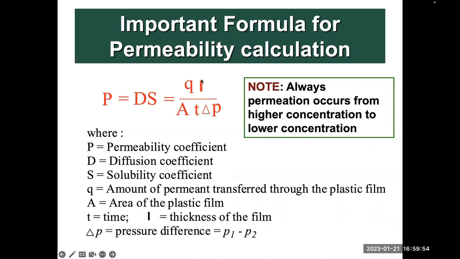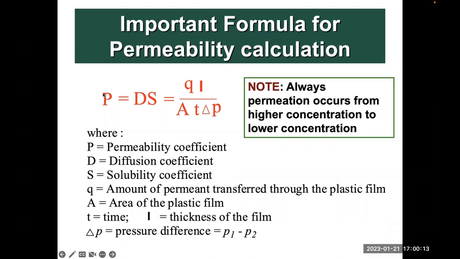We multiplied it by thickness and divided by the pressure difference, which is delta P, between inside and the outside. So we took into account the thickness and pressure difference, and we got the property of the material.